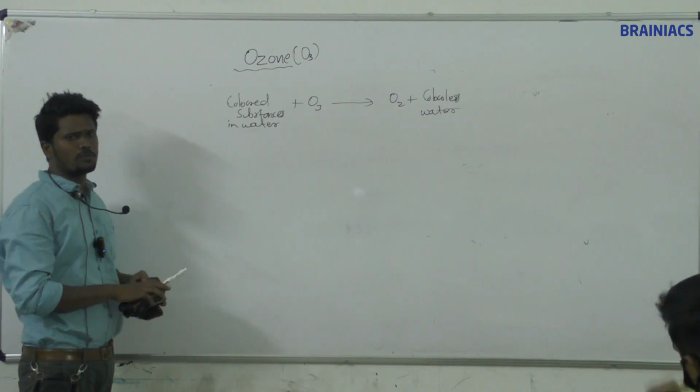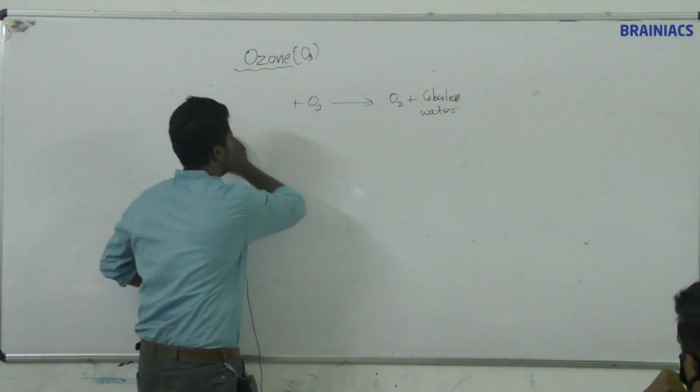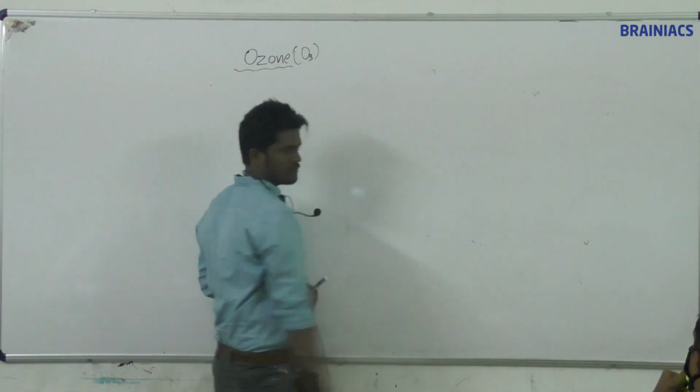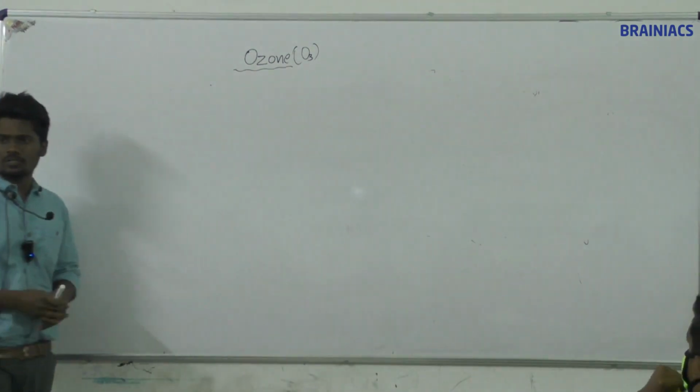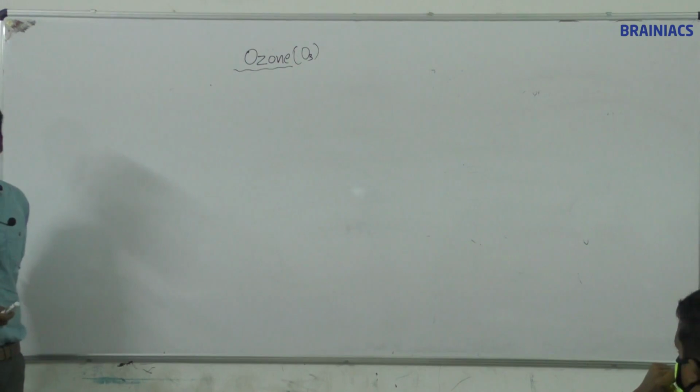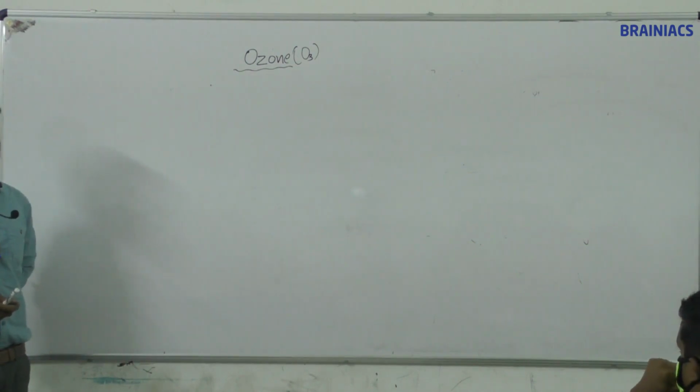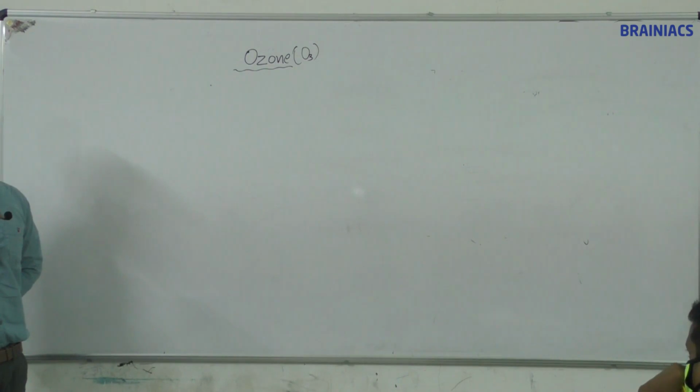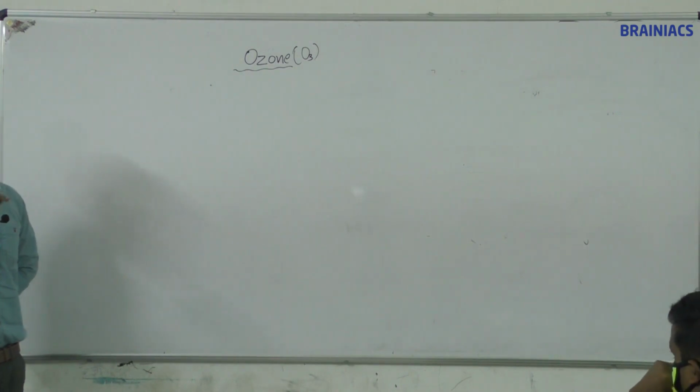So what is tropospheric pollution? Ozone depletion. So ozone depletion is by the action of what? Chlorofluorocarbons, like CF2Cl2, which is Freon 12. By which mechanism? Free radical mechanism.